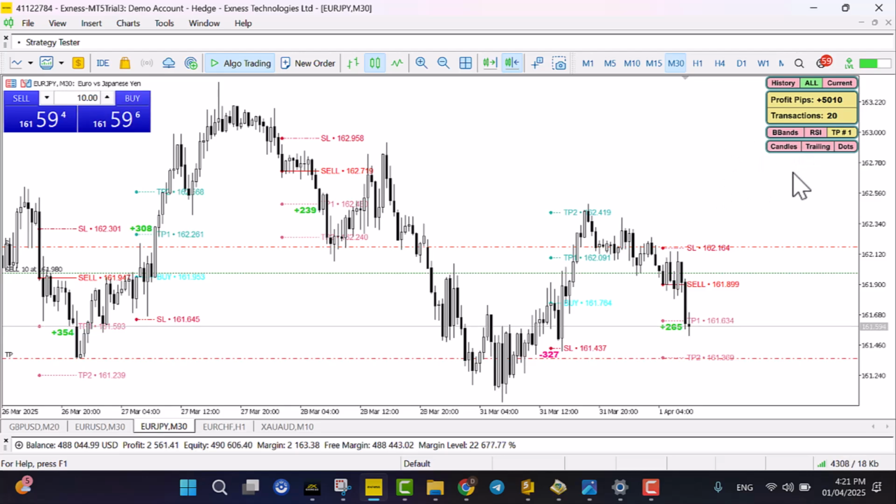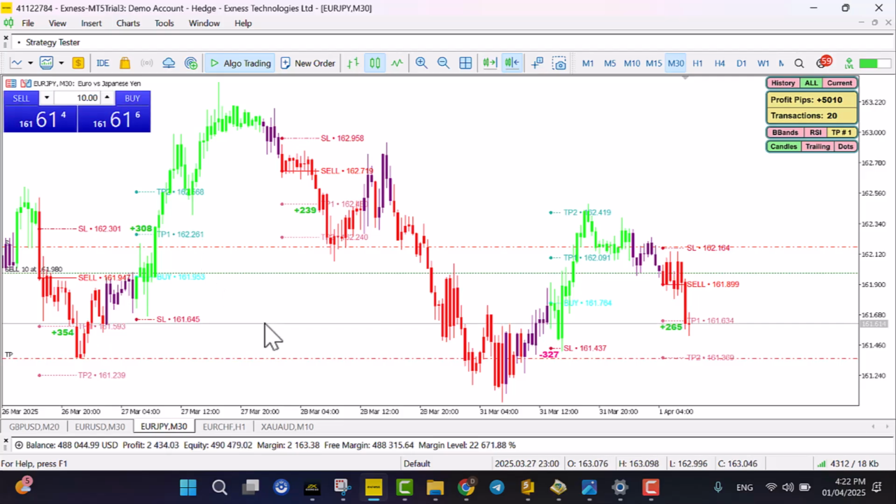Taken further on the general representation, we have the candle coloring. In the candle coloring, as you know, I use this one as a confirmation for my entries. And there are three colors in general: the green, which is a signal for the upside, and the red, which is a signal of the price falling.